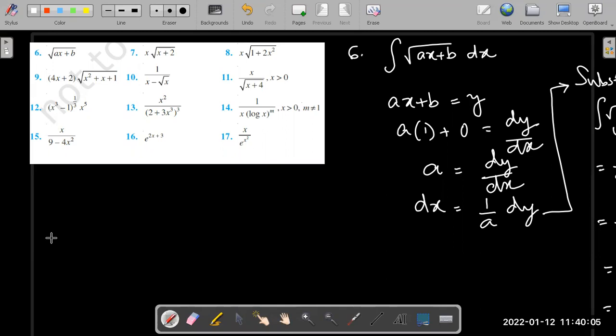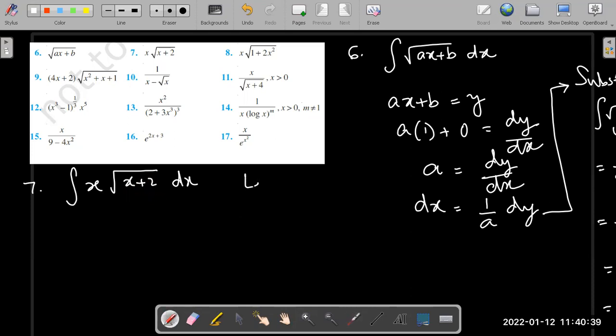The seventh question is: integrate x square root of x plus 2 dx. Understanding the previous question, we had taken ax plus b as y. Maybe we can follow a similar thing here.